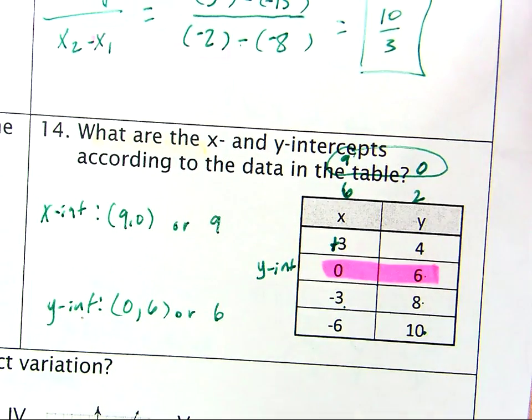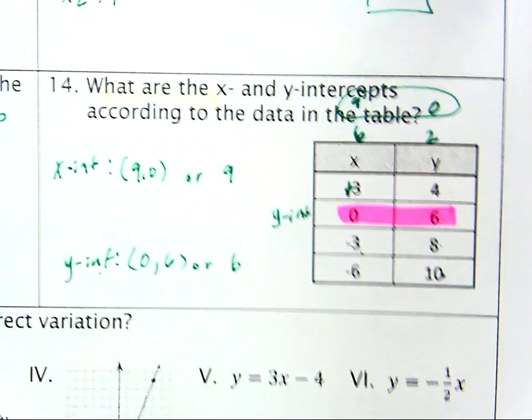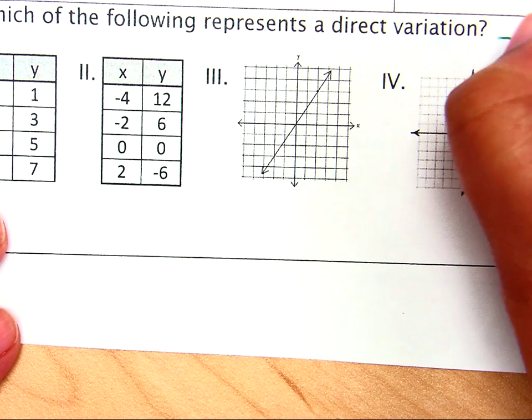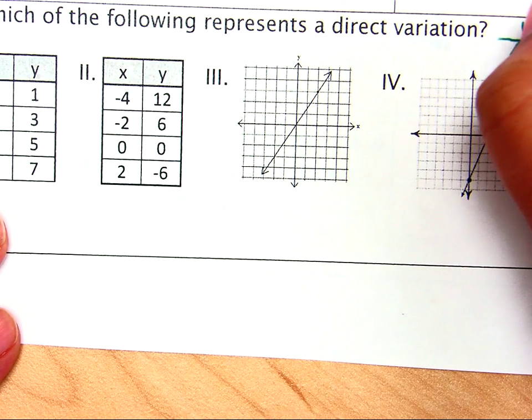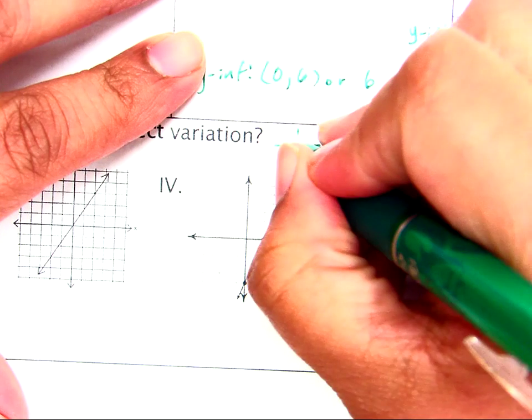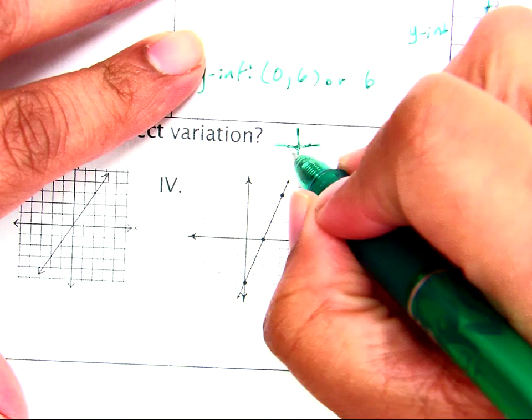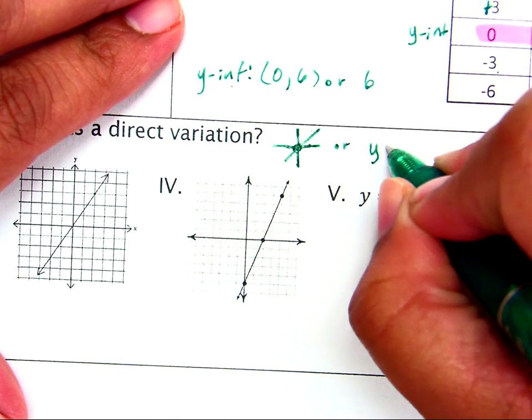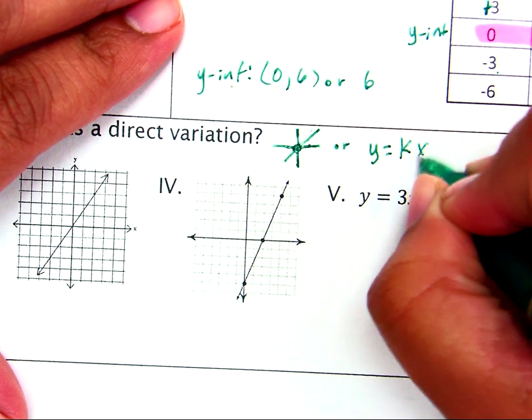Alright, last problem. Direct variation. There's two things you need to remember about direct variation. It has to go through the origin, which that one did not. It has to go through the origin, or it has to be written y equals kx, where there's no b.